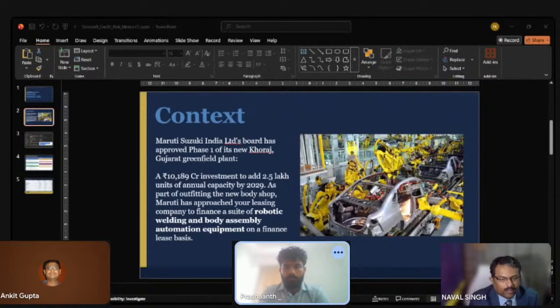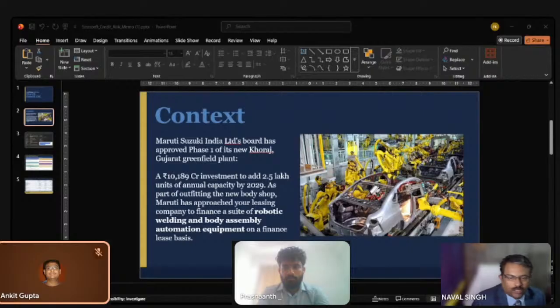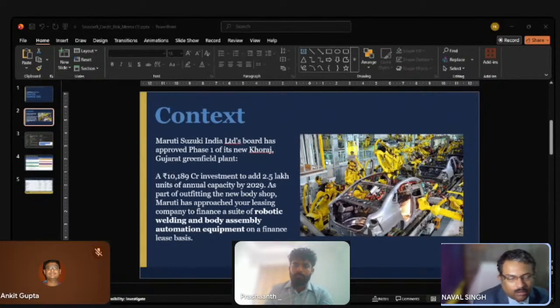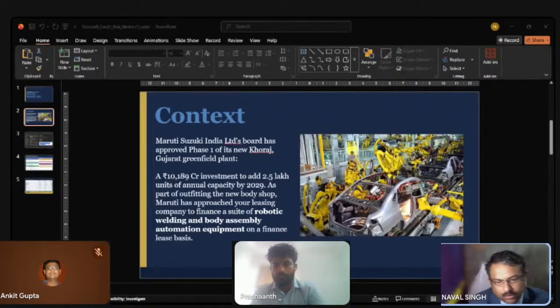Hi Prashant. Thanks for sharing this. I had made a couple of observations during the session as well. Just a final observation or question here. You have recommended a go-ahead for investment into Maruti Suzuki leasing, and they are looking for robotic welding and body assembly automation equipment on a lease basis.